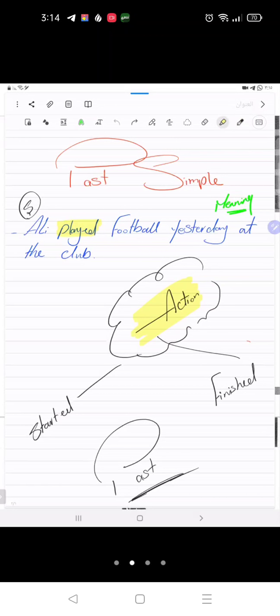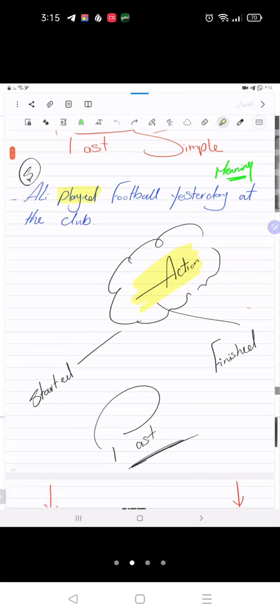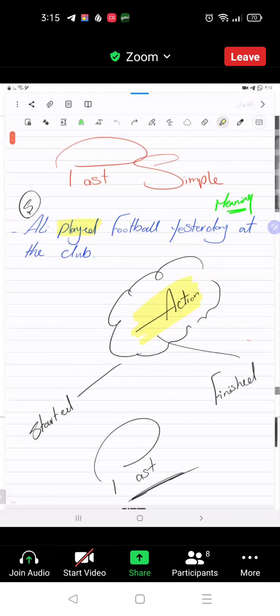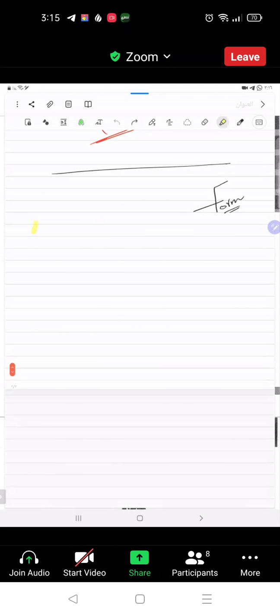In this sentence, could we have one verb or two verbs? Two? Where is the two? No, no. Okay, so if we are talking about any tense which is called simple in English, this means that we must have only one verb.